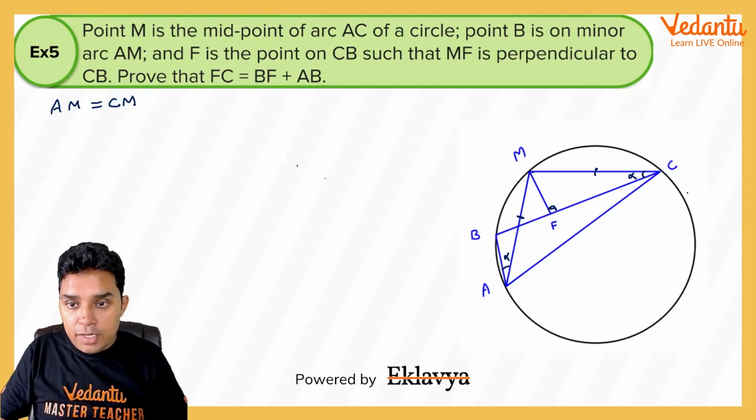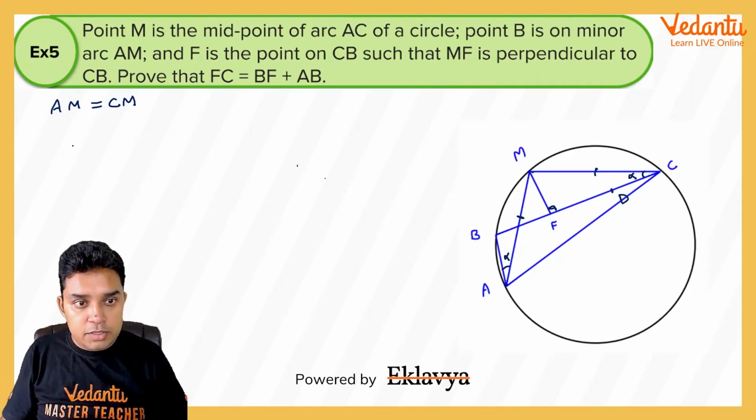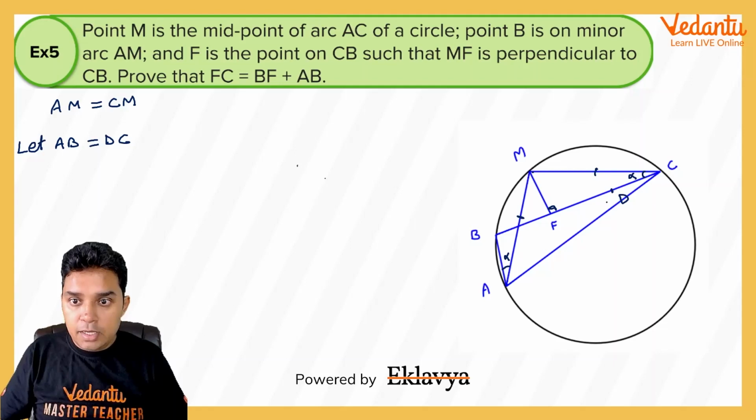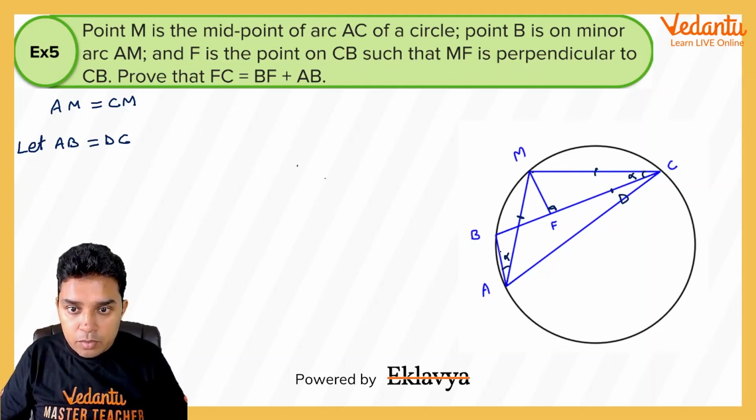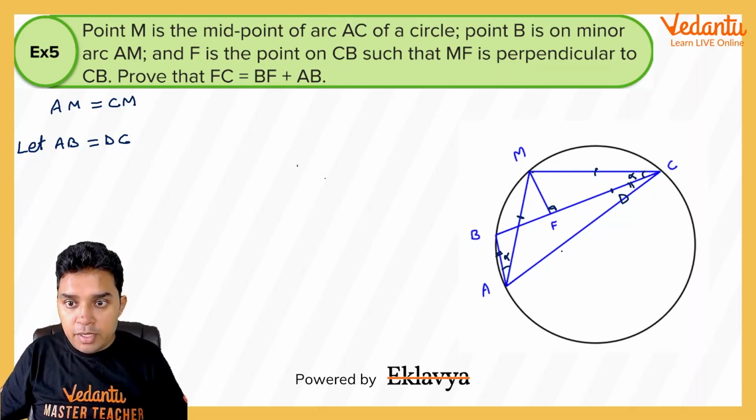Now, if I take a point D on this FC, so that AB is equal to DC, and let me mark this. So you can see this AB equal to DC and this MA is equal to MC, and the angle included between them is also equal.